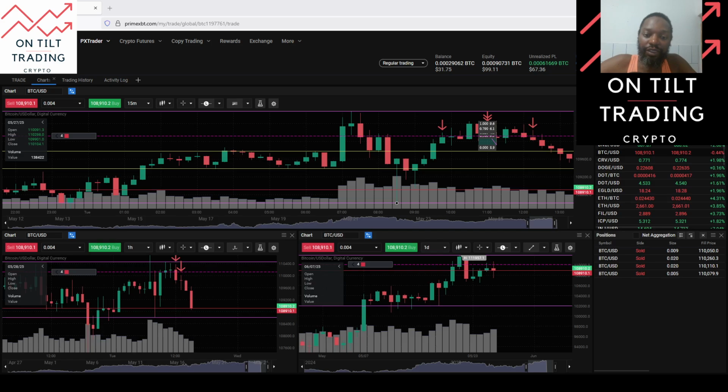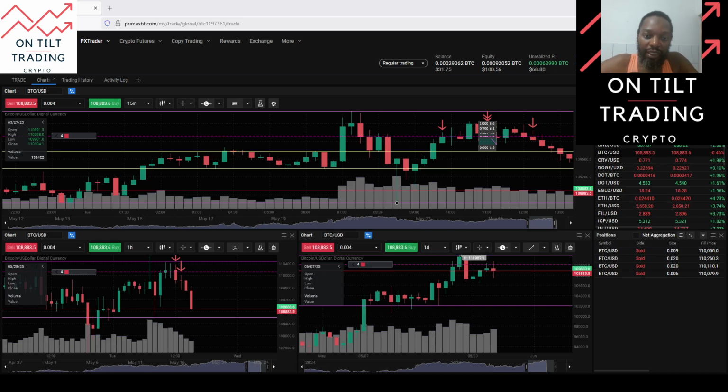It puts in this low here, but it doesn't close below the level where the strong low is, but the next candle does. So here we have a market structure shift, which could signal a potential reversal in price action for Bitcoin.